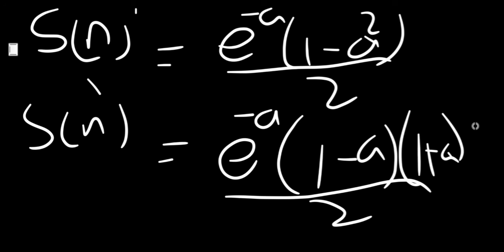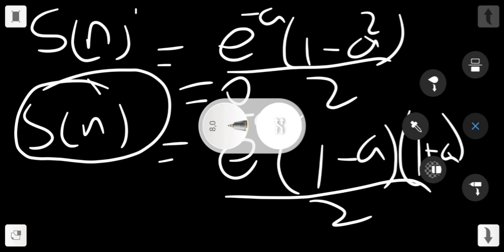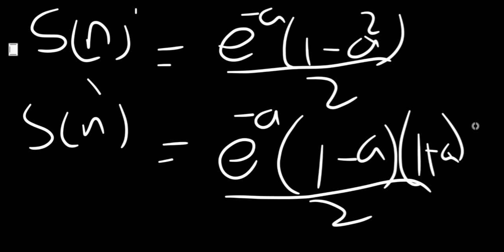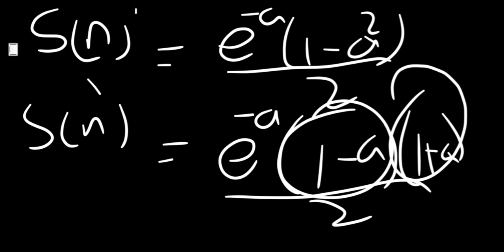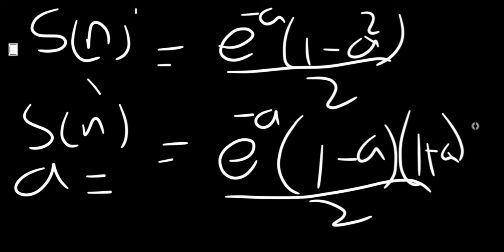Now if we make this equal to 0, we find the maximum of s of n. Notice, for it to be 0, either this part is 0 or this part is 0. So either a is equal to 1 or a is equal to minus 1.